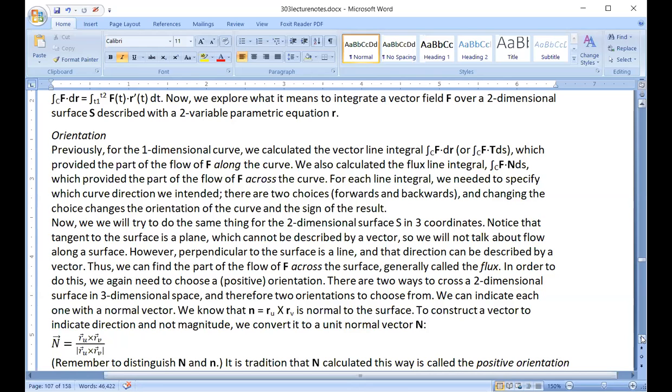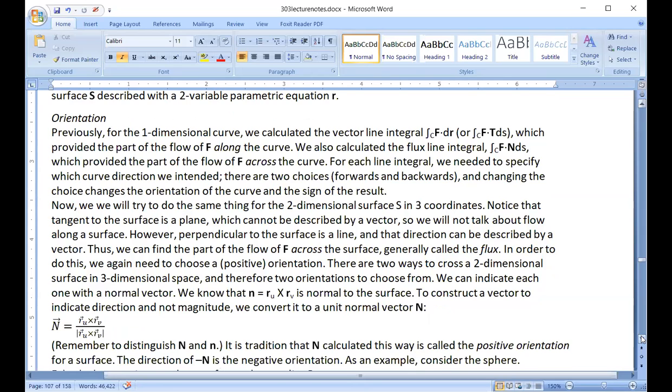Big N is the unit normal vector, and its magnitude is 1. When we calculate unit normal N this way, this is called the positive orientation. And therefore, we say negative N is the negative orientation.